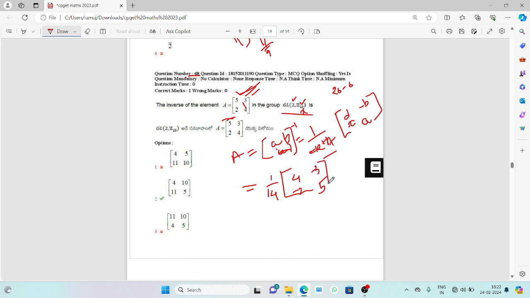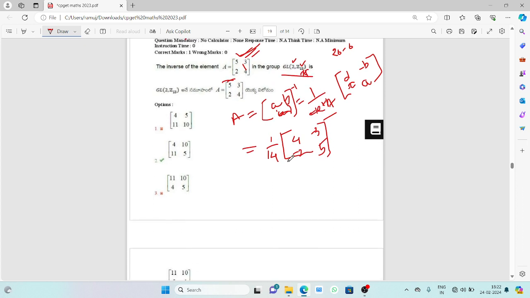Now you have to apply modulo 13. Here 14 is there, so the remainder is 1. Here 4 stays as it is, but minus 3 is there. If you apply modulo 13, you will get 10, by subtracting 3 from 13. So 10 is the remainder.